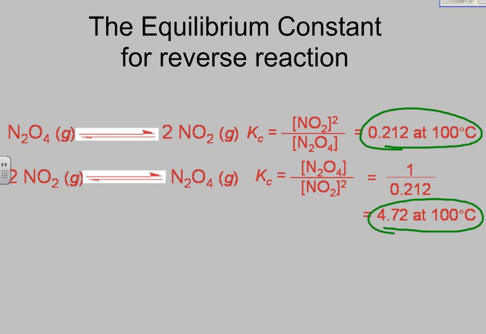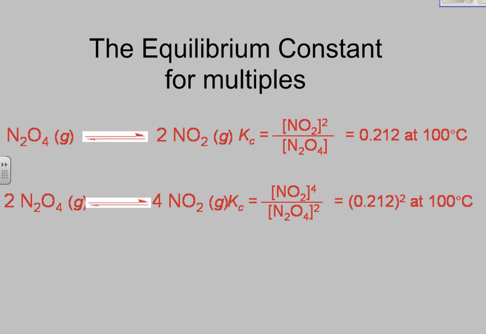The other thing that we want to be prepared for is what happens if we do multiples of the equilibrium expression. So the first one, again, is the N2O4 going to 2NO2. In the second one, we are doubling the amount of reactants and doubling the amount of products.